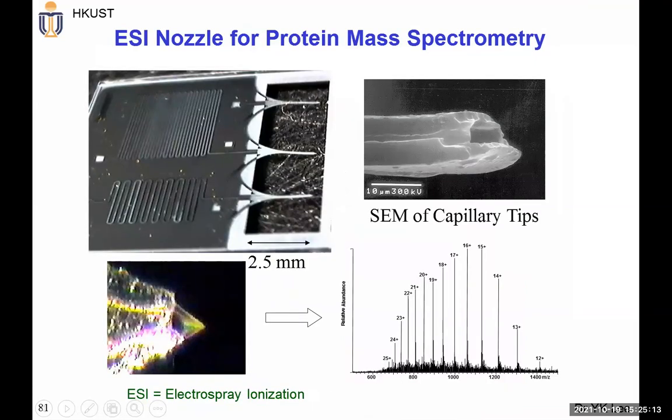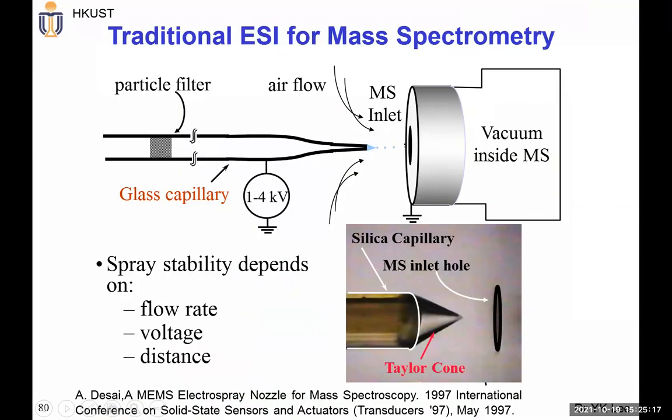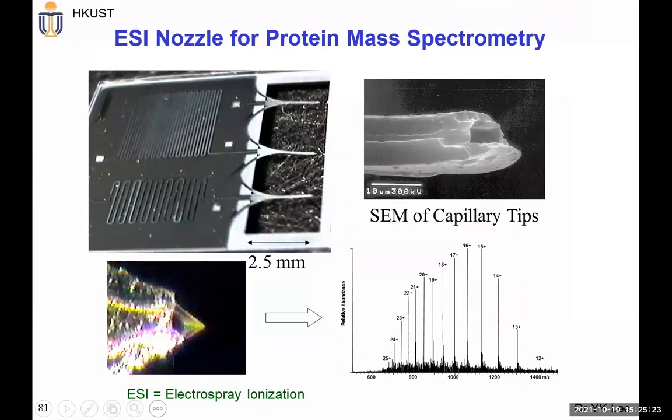In this case, they demonstrate this work, I think done by Professor Yu-Chong Tai at Caltech, that it's possible to do separation of protein or major protein. Okay, that's something quite important.